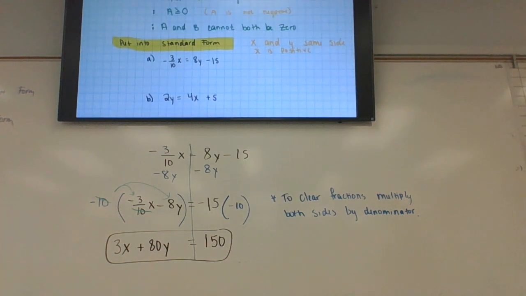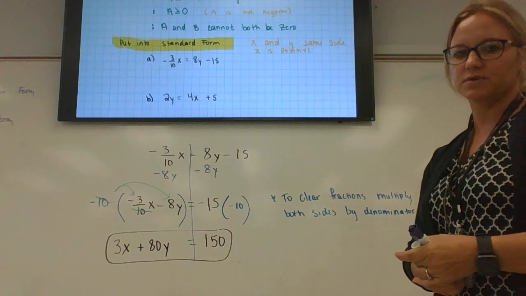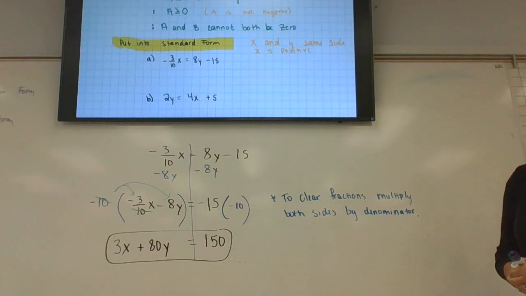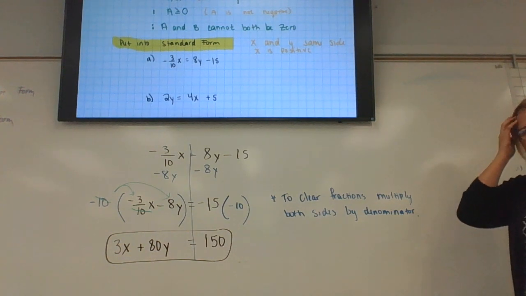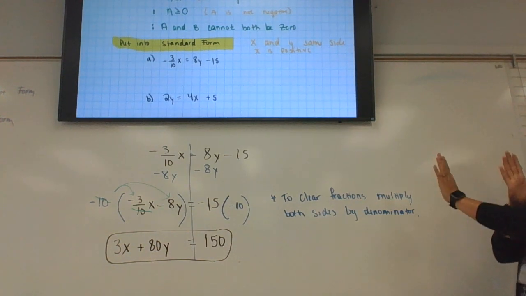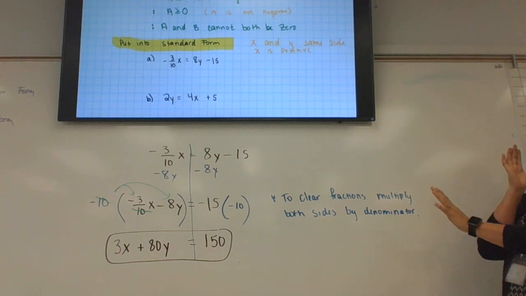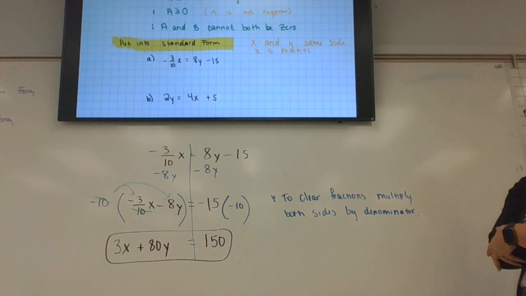Looks way easier. I guess we led with the most difficult one. So we want x and y on the same side, and we want the x value positive.